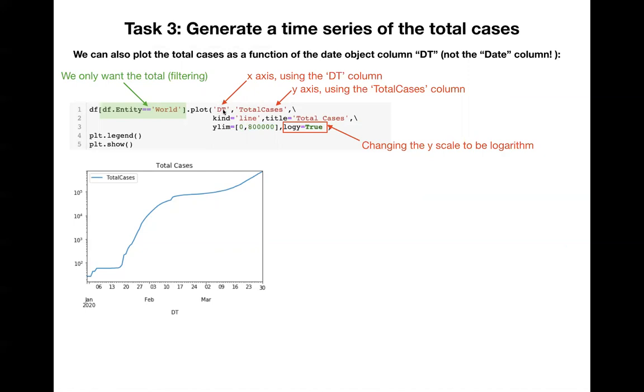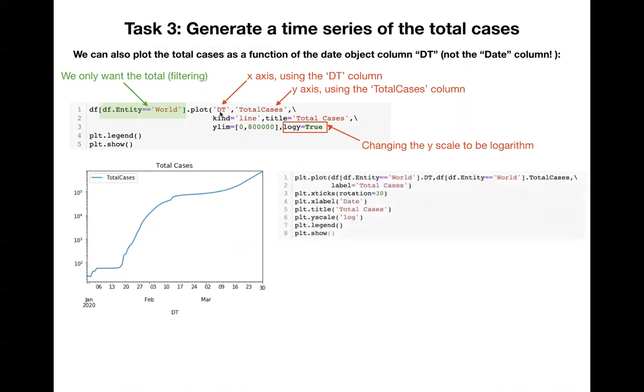So you can also plot dates, which is the dt column down here. If we plot the total cases against dt, we can get a plot like this, but now the horizontal axis has actual dates separated by weeks, which is fairly nice, right? January, February, March, and dt, and then the curve.